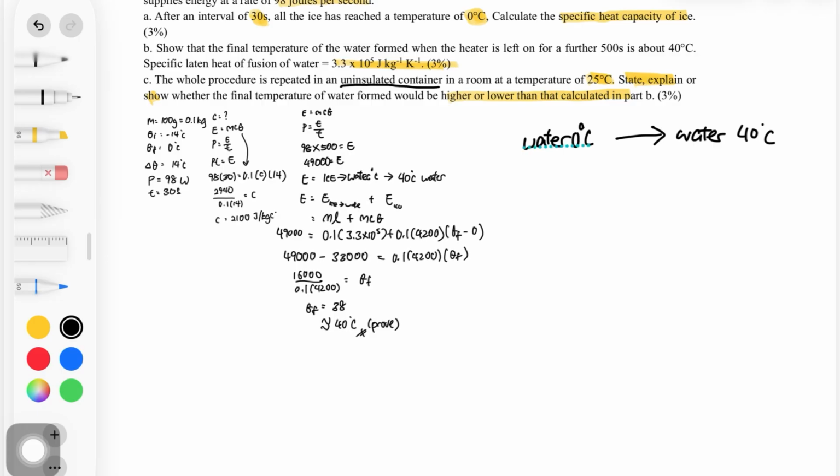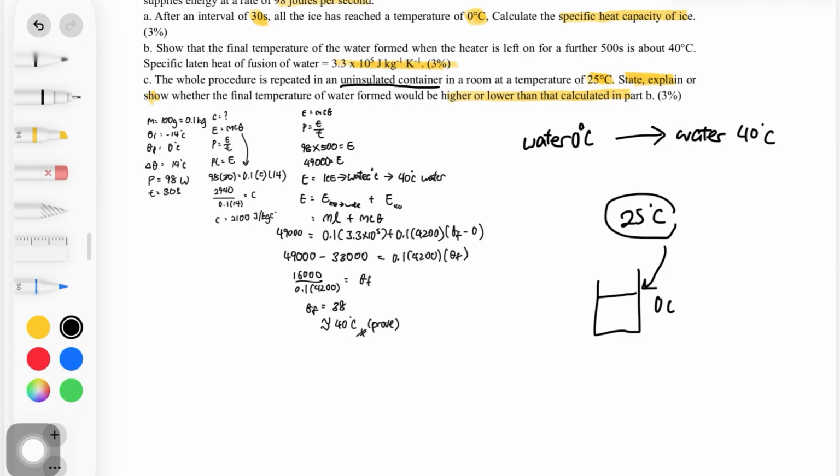So the room temperature is 25 degrees Celsius. If this is a cup of water at 0 degrees Celsius, and the environment is 25 degrees Celsius, who will supply the energy to whom? We know the energy will be supplied by the surrounding, which is at 25 degrees Celsius, towards the water.